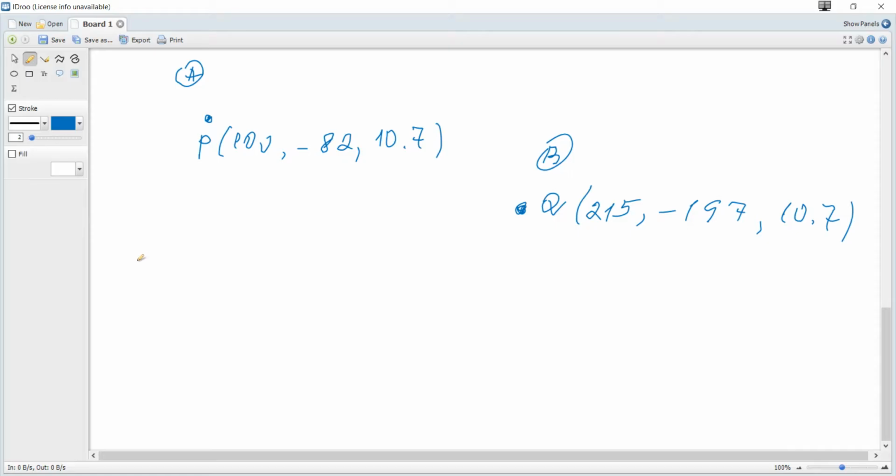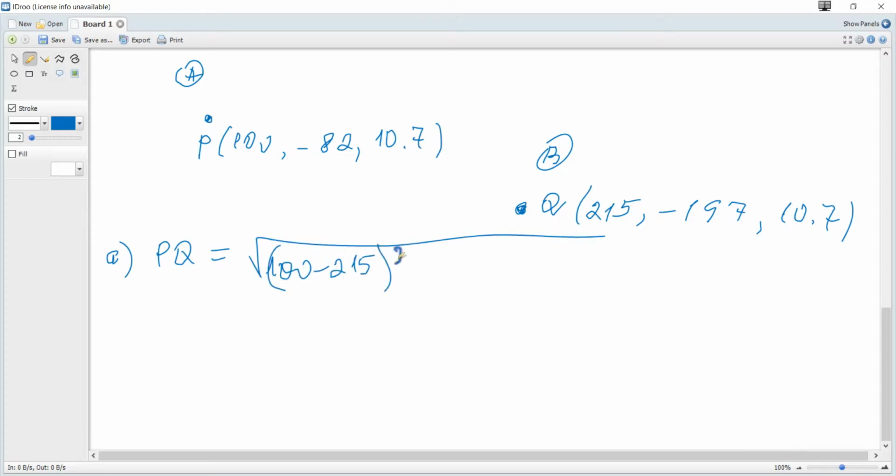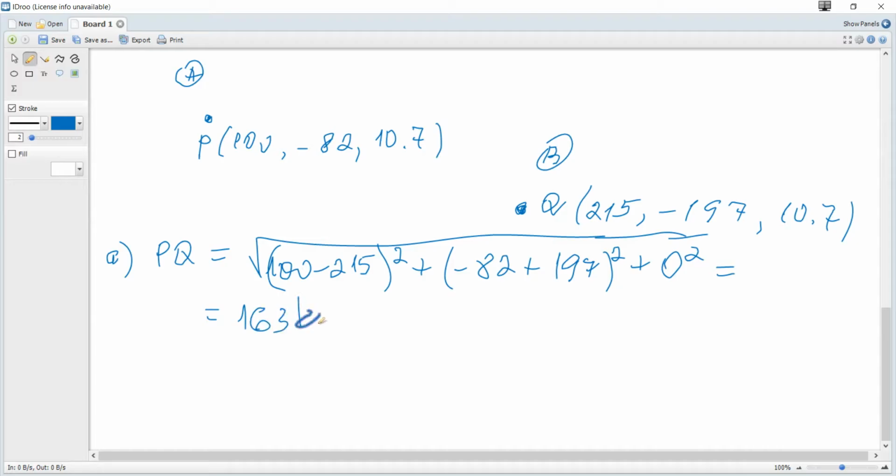It is given in the data booklet, and the formula says that it is equal to the square root of (x2 minus x1) squared plus (y2 minus y1) squared plus (z2 minus z1) squared, and it becomes the square root of (100 minus 215) squared plus (negative 82, notice that it becomes minus negative, so plus 197) squared plus (10.7 minus 10.7, so plus 0) squared, and it becomes 163 kilometers.